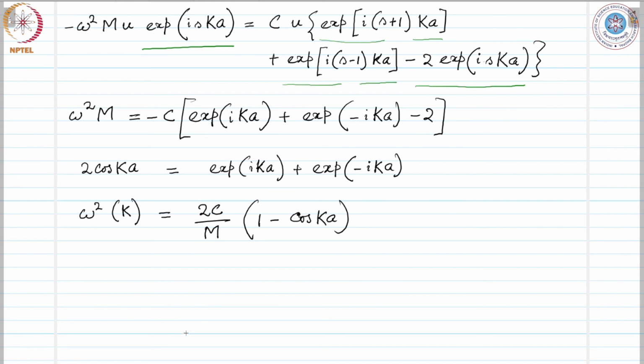This is what we obtain. And cosine function is a periodic function. So this will have unique values within a certain region, which we call the first Brillouin zone. The boundary of the first Brillouin zone lies at k equals plus minus pi over a.